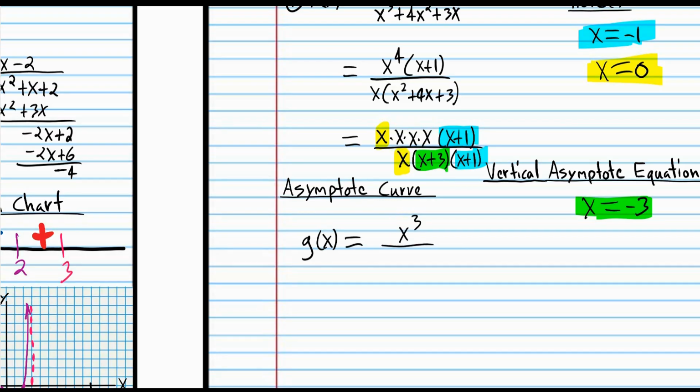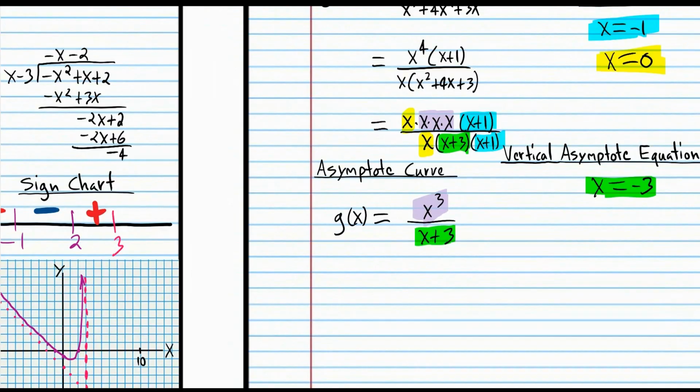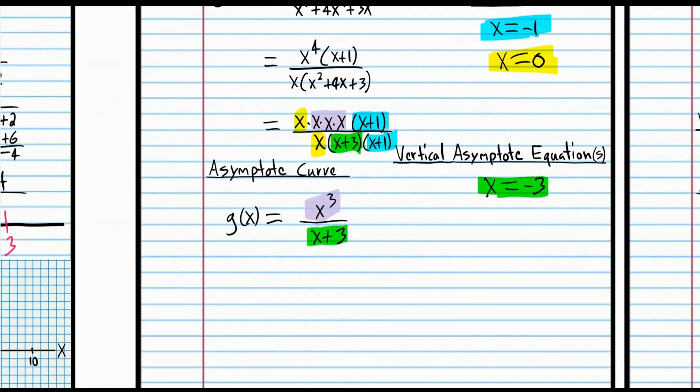Maybe I'll use a different color. And the x plus 3 factor is still there. I got that from there. And so we can use long division, again using the reduced form of the fraction.